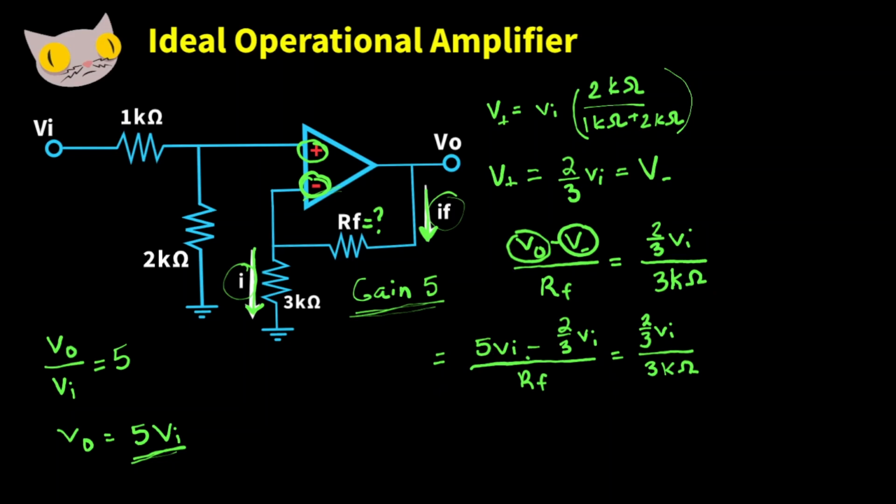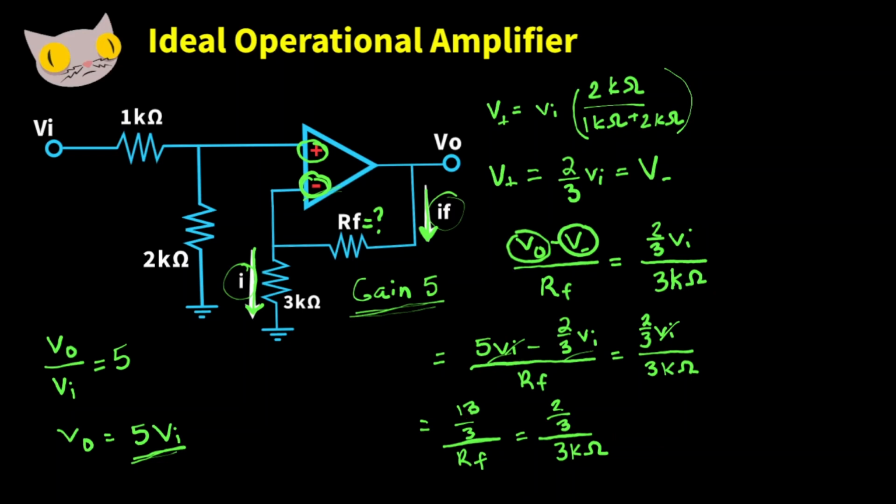So now we have 5 times VI minus 2/3 times VI over RF is equal to 2/3 VI over 3k ohms. Now we can subtract these two, which gives us 13 over 3, and then we were able to cancel out the VIs. So see, we didn't even need to know what the value of that was.